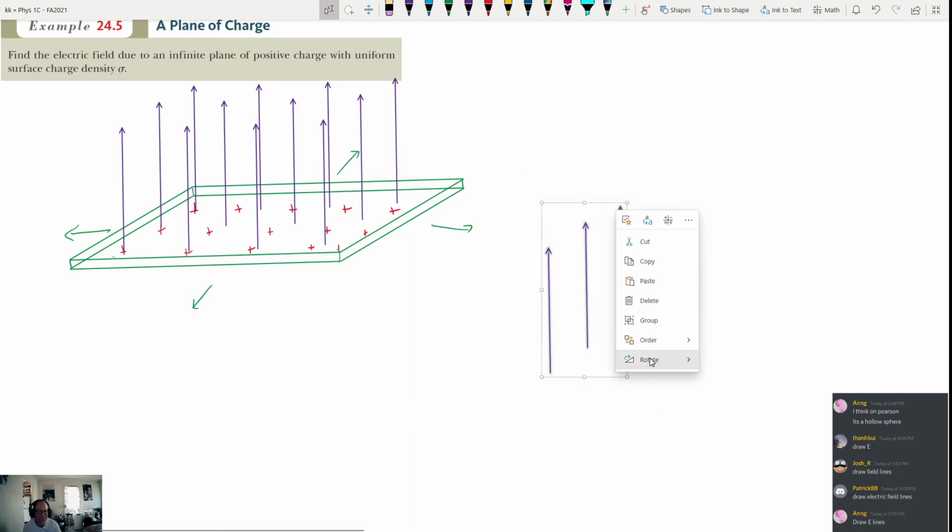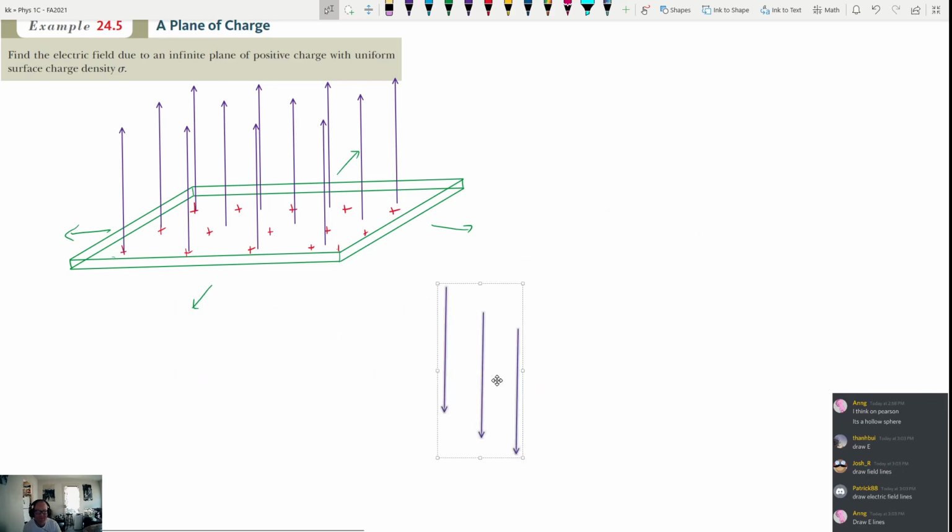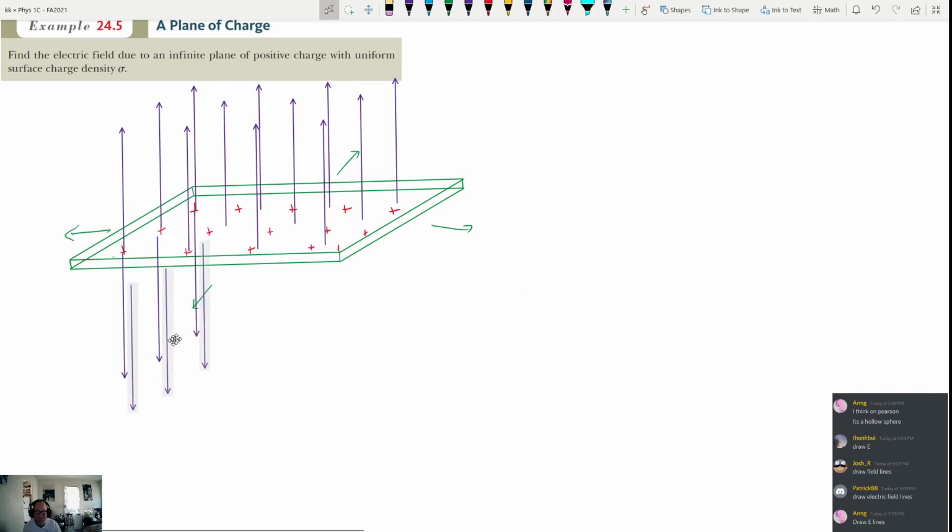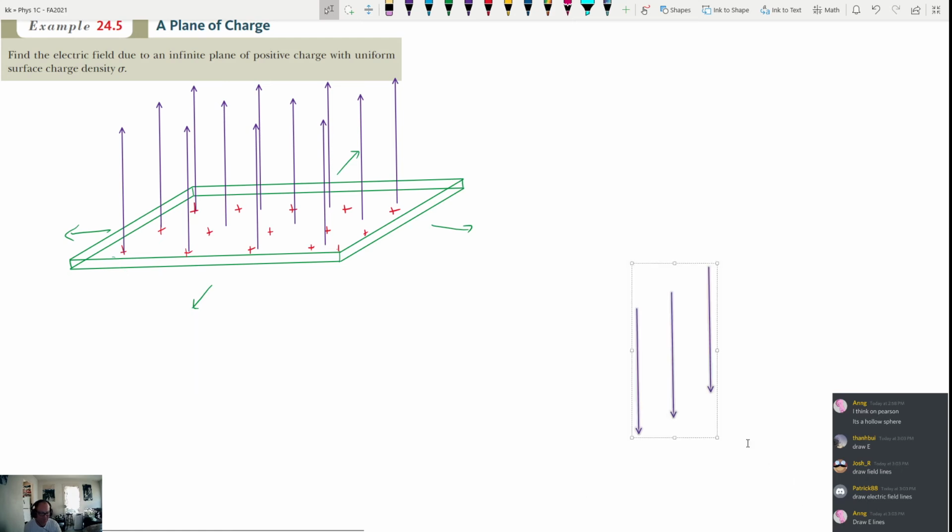There has got to be a way to rotate. Rotate, flip vertical, right? There we go. And then we need to flip horizontal too, I think. That should work, right? Okay, on the bottom, our electric field lines look something like this. It looks kind of bad, doesn't it? Yeah, let me just draw them from the bottom. Alright, so on bottom, our electric field lines are going to point down in a way like this.